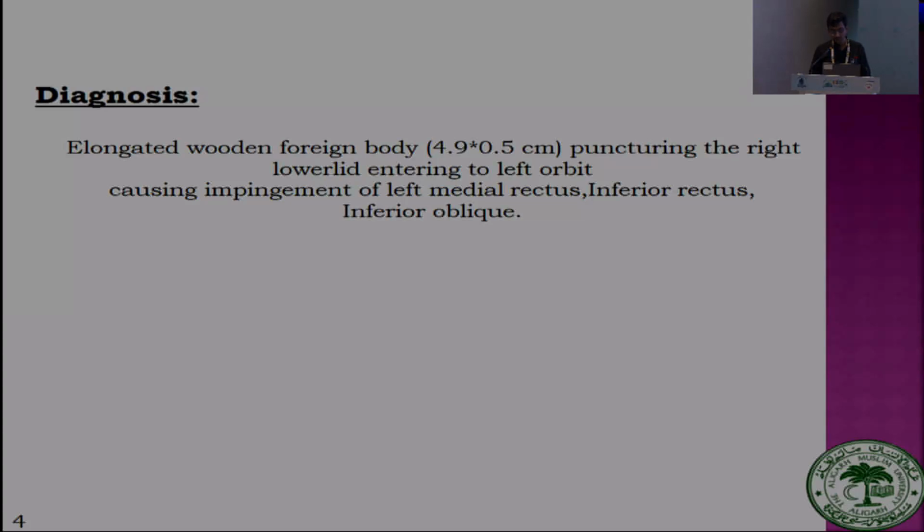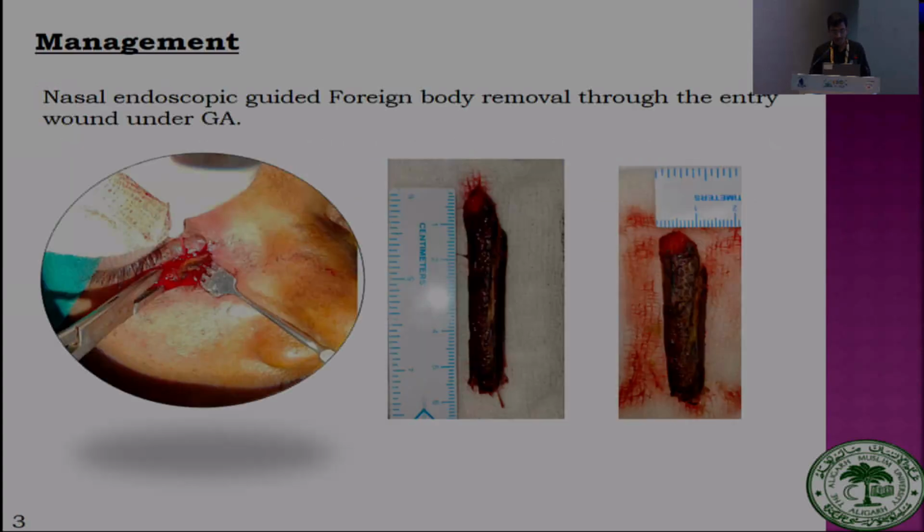Hence, a diagnosis of an elongated wooden body with the following measurements was made, puncturing the right eye lower lid, entering into the left orbit, causing impingement of the left medial rectus, inferior rectus, and inferior oblique.